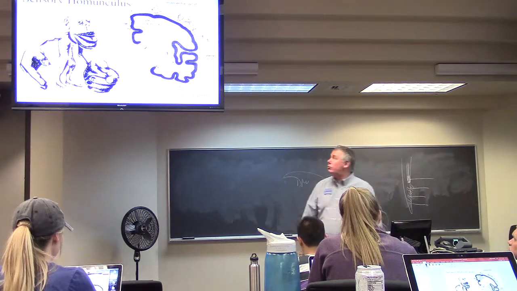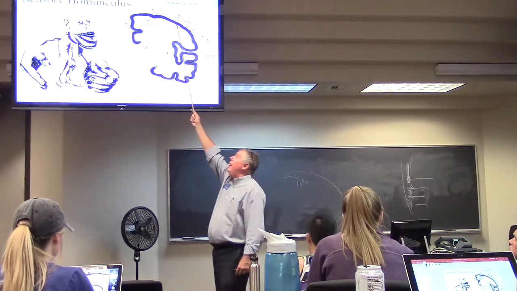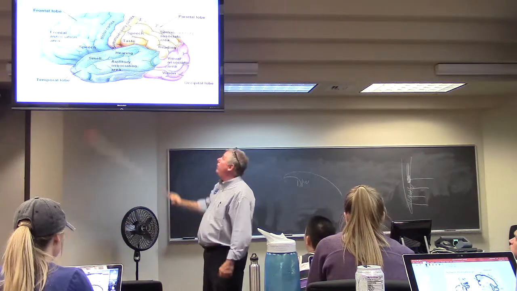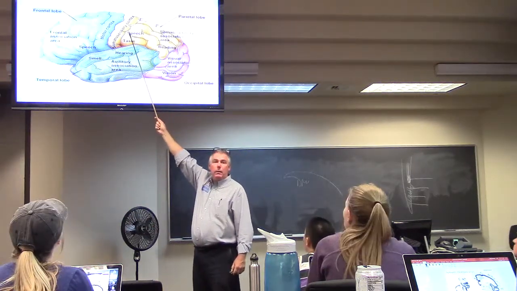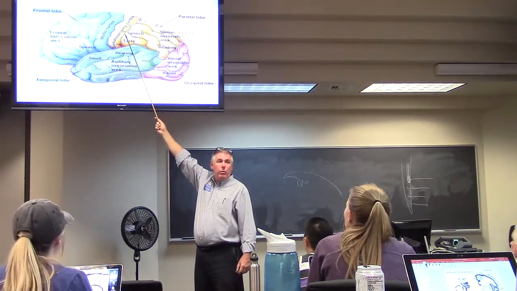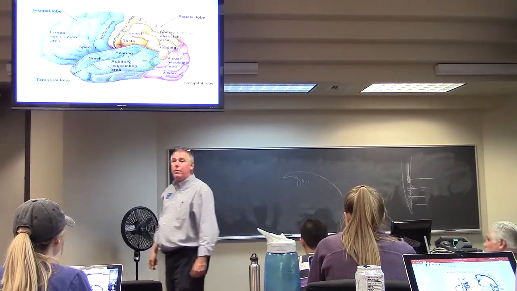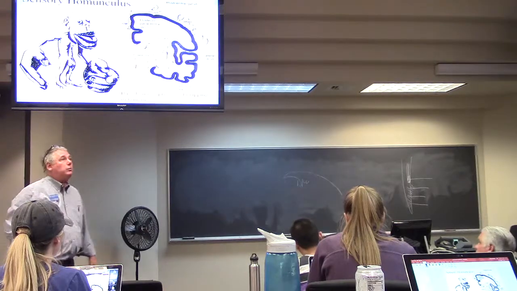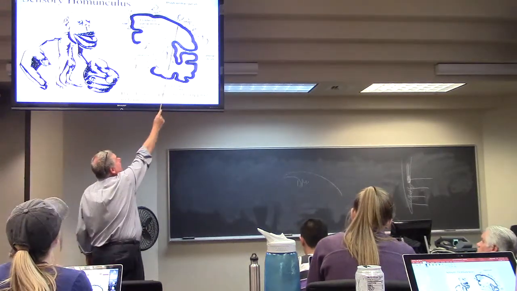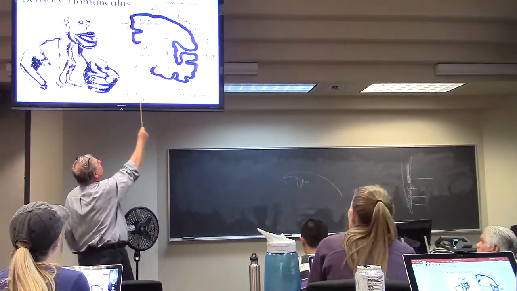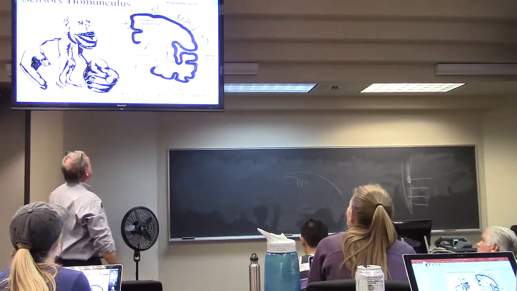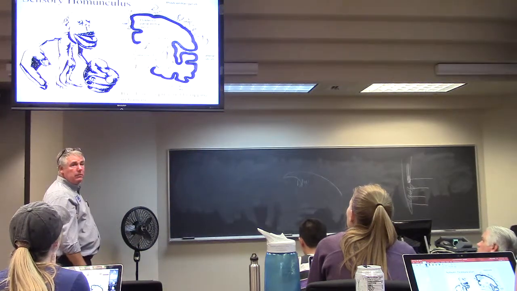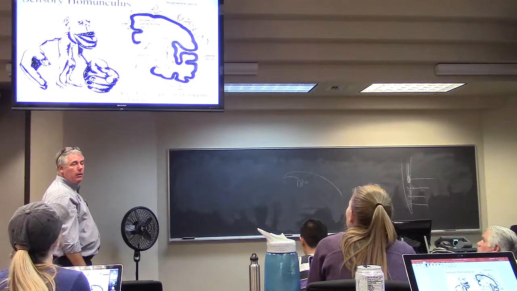So if he has a stroke right there, what artery supplies right there? The middle cerebral. If he has a stroke of the middle cerebral artery, what is he going to lose? He's going to lose the function of his hand. He's not going to lose the function of his toes or his penis. It's right there.